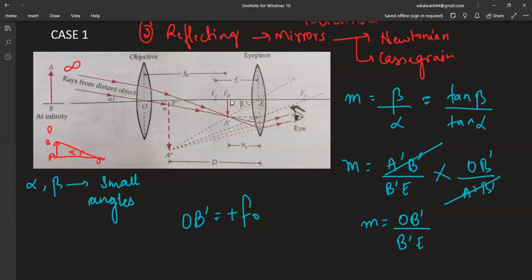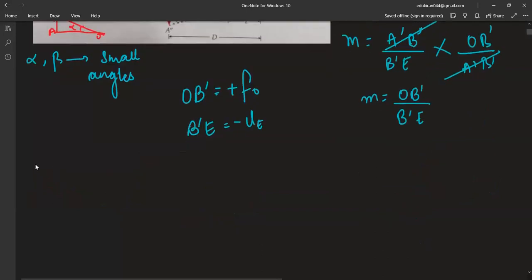So this separation is UE. So B dash E is equal to UE. Why? Because this intermediate image, which is formed because of the infinity rays, is acting as an object for the eyepiece. So this separation becomes the object distance for the eyepiece, right? And since it is in front of the lens, this will be negative. Fine. So what is the magnification till now? Magnification will be minus F naught by UE.